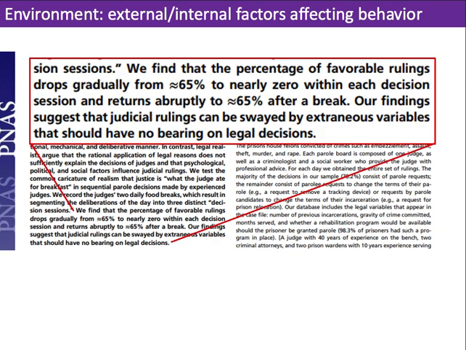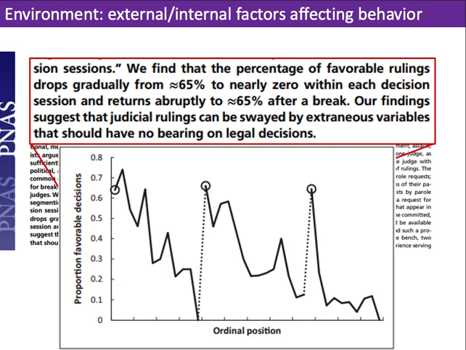And the abstract says, we find that the percentage of favorable rulings, good rulings for the defendant, drops gradually from around 65% to nearly zero within each decision session and returns abruptly to 65% after a break. Our findings suggest that judicial rulings can be swayed by extraneous variables that should have no bearing on legal decisions.